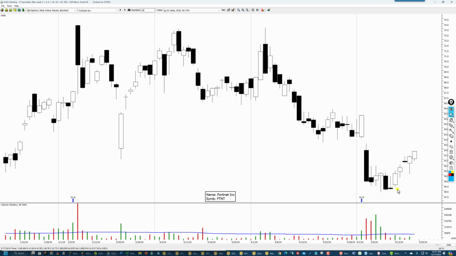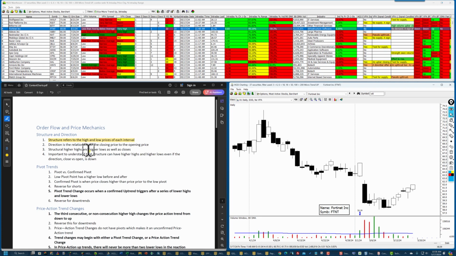So the structure is positive here. Back here, the structure was negative. The structure actually refers to the high and low prices of each interval. So even when you have a black candle, here's the high, here's the low, and it's above the prior day. So the structure here is positive even though this is a black candle.